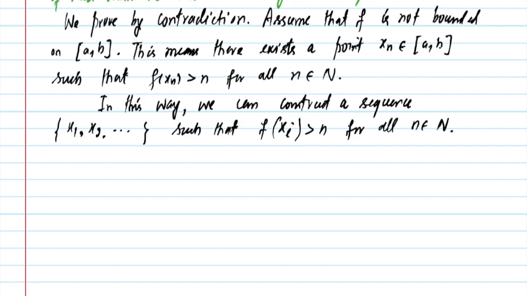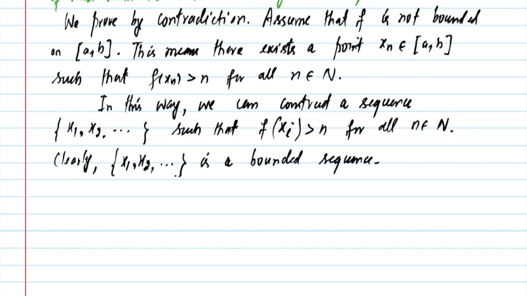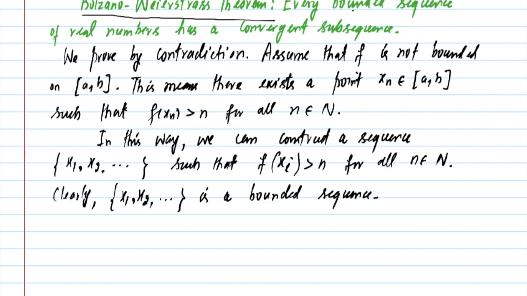But a and b are both finite numbers, so therefore all the numbers x1, x2, xn, whatever in the sequence, they are all finite. So we can say clearly this sequence x1, x2 and so on is a bounded sequence. And now here we can make use of the Bolzano-Weierstrass theorem, which states that every bounded sequence has a convergent subsequence.